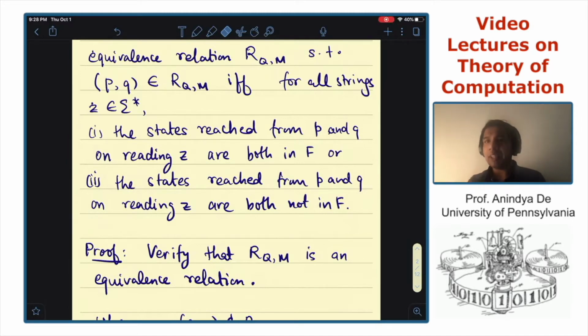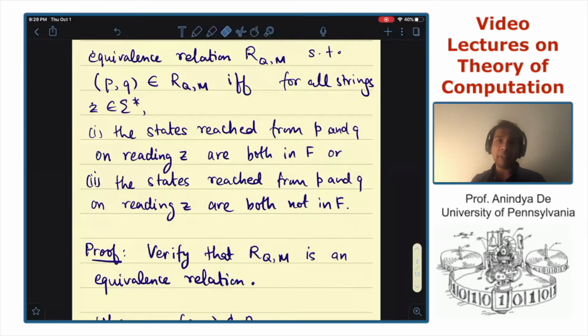This implies that if you read a string z, then from both p and r you either reach an accepting state or a rejecting state, implying that (p, r) is also in R_{Q,M}. So this relation is easily verified to be an equivalence relation. Again, the proof was trivial basically by definition, as have been all the proofs of equivalence relations we've seen so far.